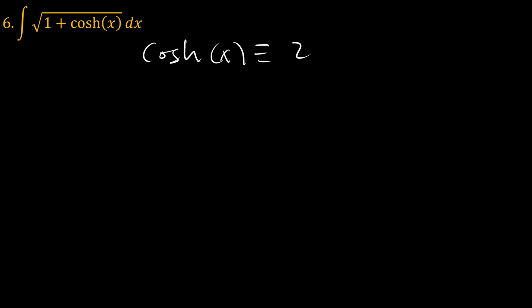Problem number 6 happens to be the indefinite integral of the square root of 1 plus cos of x. And here we could use the identity cos of x is equivalent to twice cos squared of x over 2 minus 1, right?